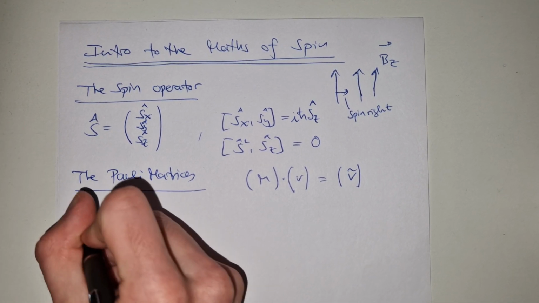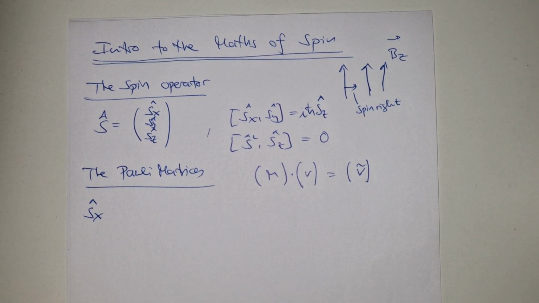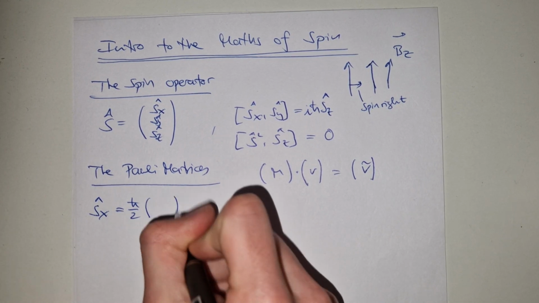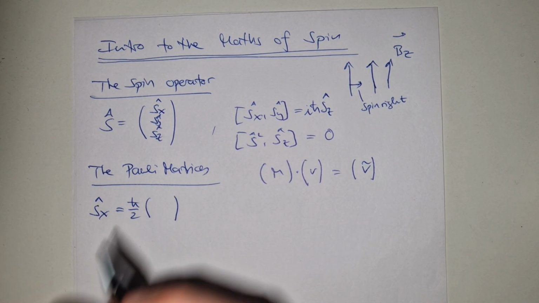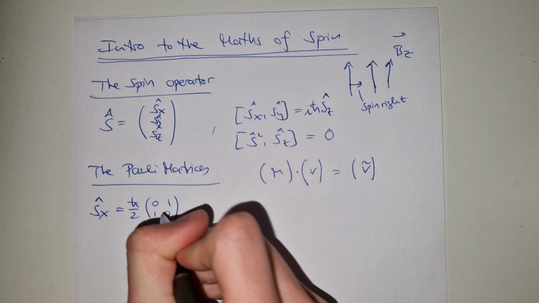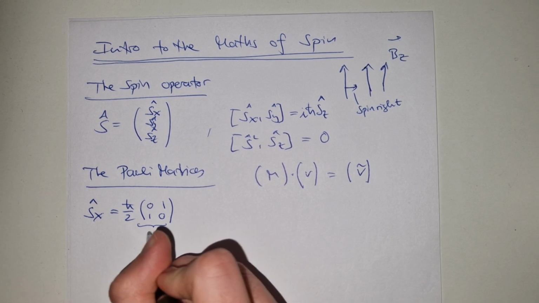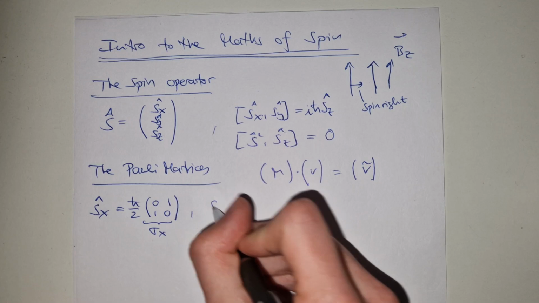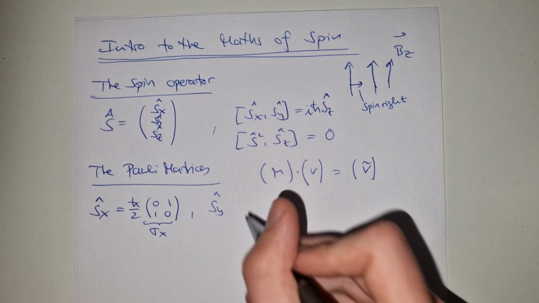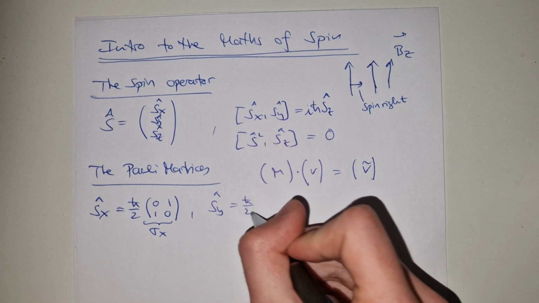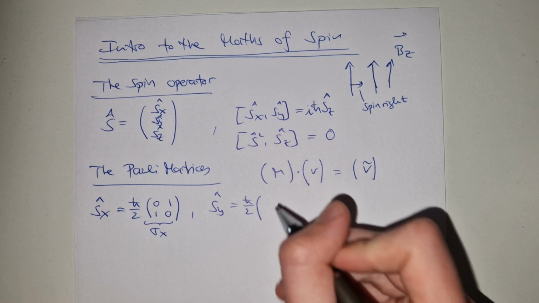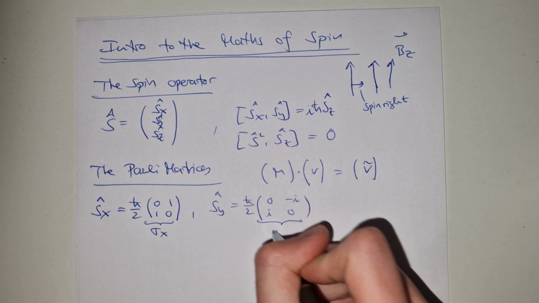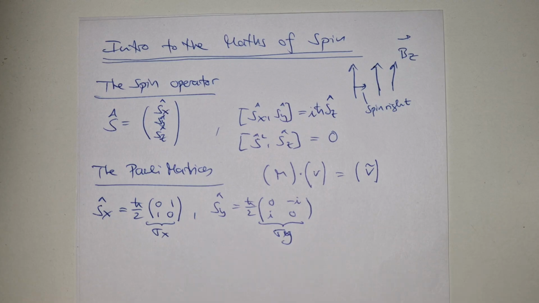So, for example, the spin x operator is h bar over 2 times a matrix. This matrix is 0, 1, 1, 0, and this matrix is called the Pauli X matrix. Similarly, the spin y operator is again h bar over 2 times the Pauli Y matrix, which is 0, minus i, i, 0.